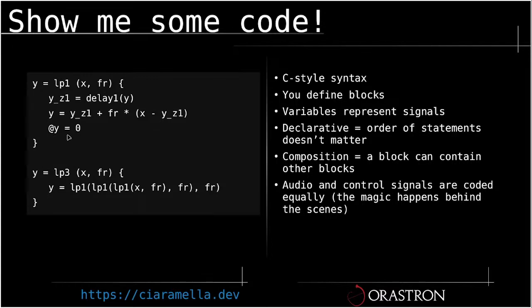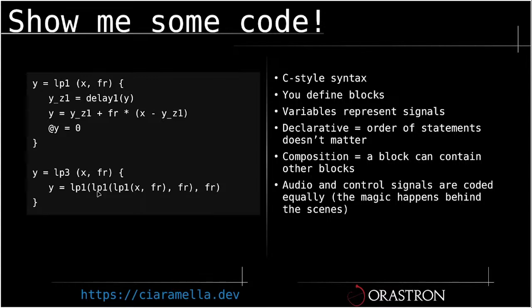Okay, then once you have coded your blocks, that we call composite blocks, you can instantiate them, so you can reuse them. In this example, LP3, triple low pass filter, essentially it's a series of 3 one-pole filters. So you can simply call one inside another, and that's it.